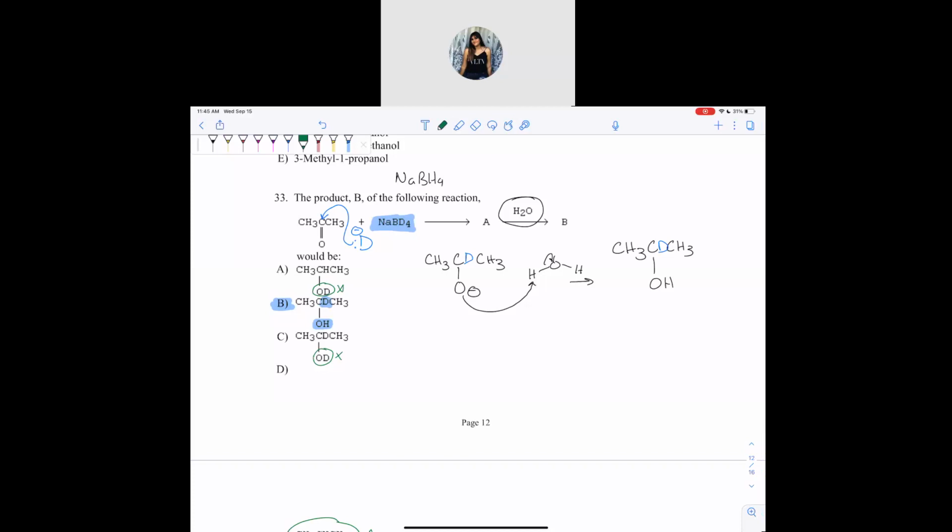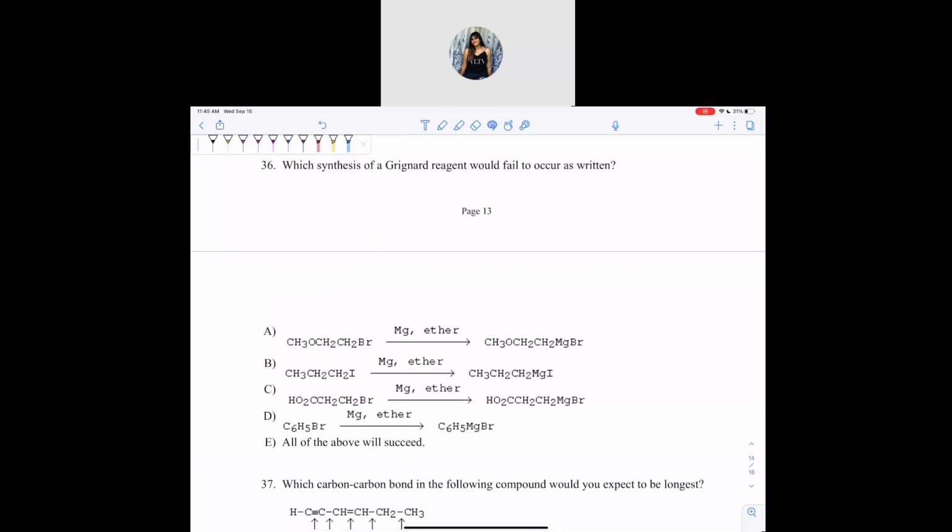Ta-da! All right, so I'm going to leave you guys off with a Grignard question. We're going to say which of these Grignard reactions would fail to occur as written. For this, you have to remember that the Grignard reaction does not work with acidic protons.